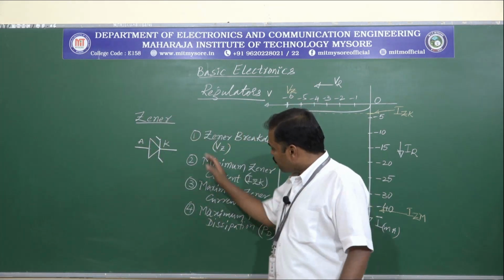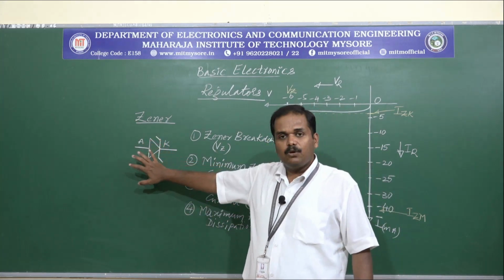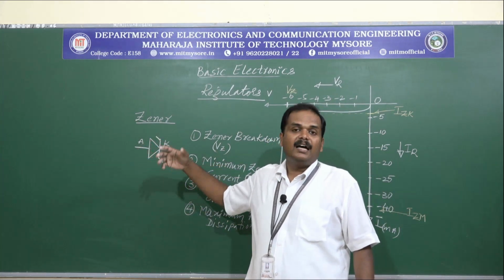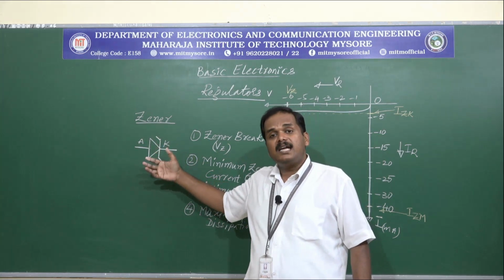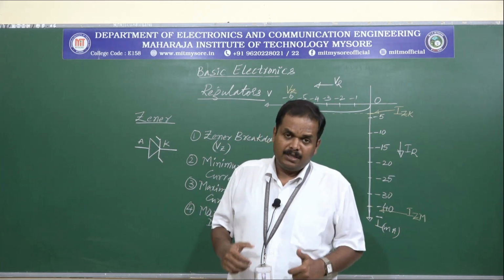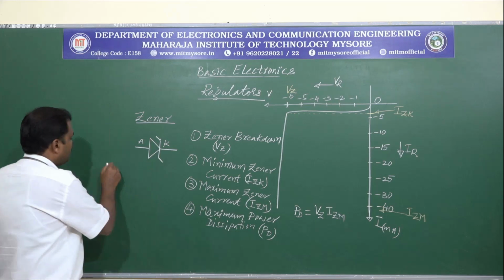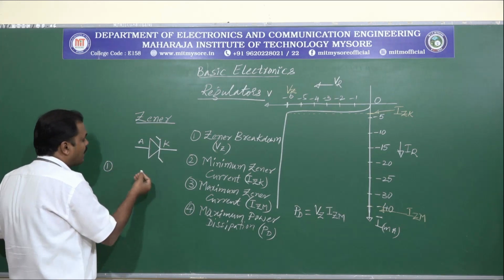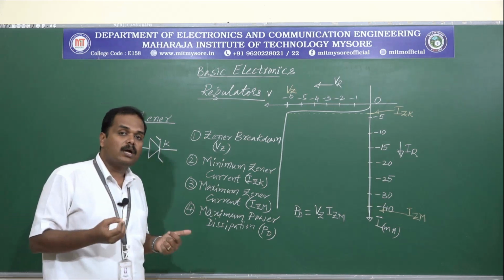Now keeping these parameters in mind, we'll use a Zener diode to work as a regulator. So now let us understand how a Zener diode can be used as a regulator. Here we have two conditions. Condition number one is when there is a load connected, and condition number two is when there is no load connected.